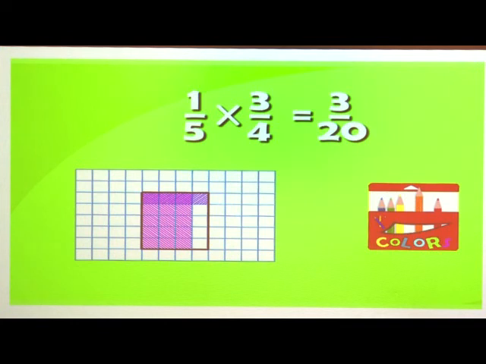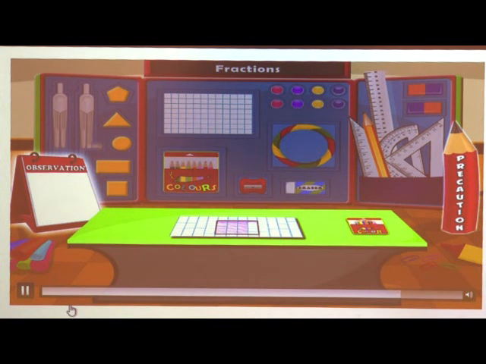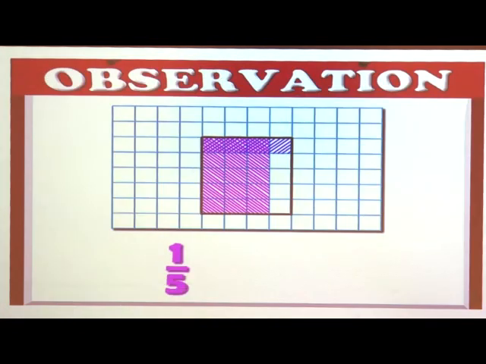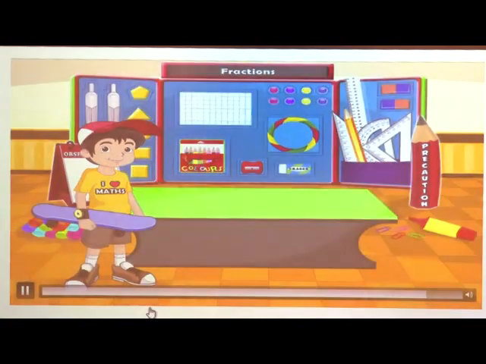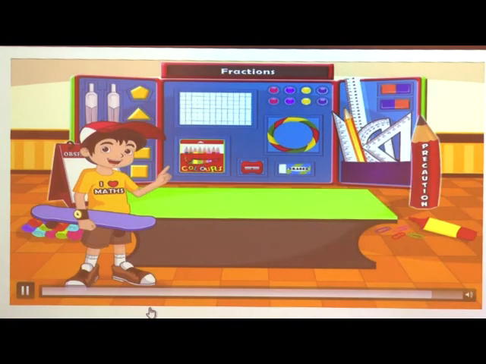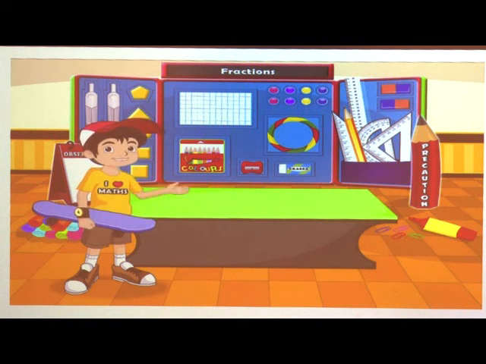Let's record our observation. 1 by 5 multiplied by 3 by 4 is equal to 3 by 20. In this way, we can make rectangles of any dimension and find the product of two fractions. We'll meet again. Bye!